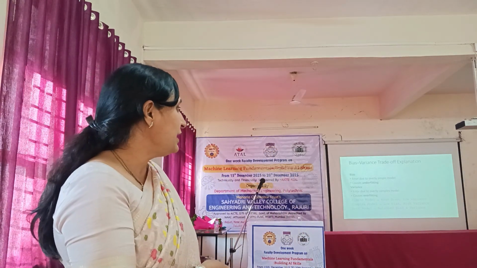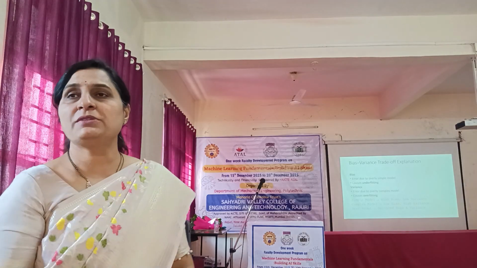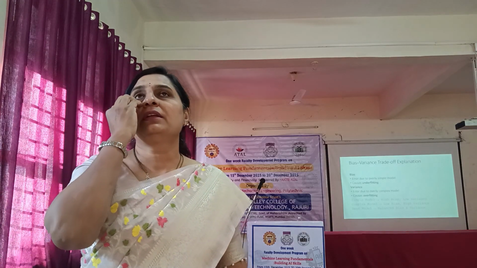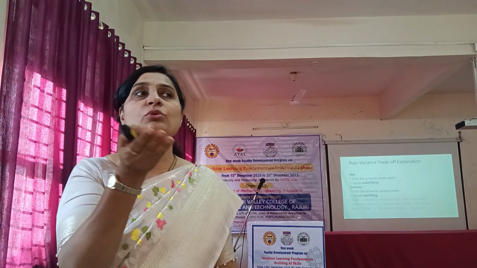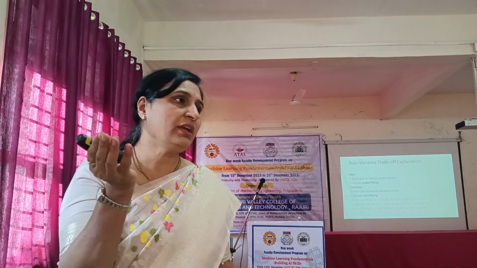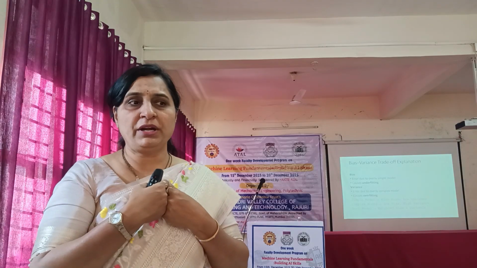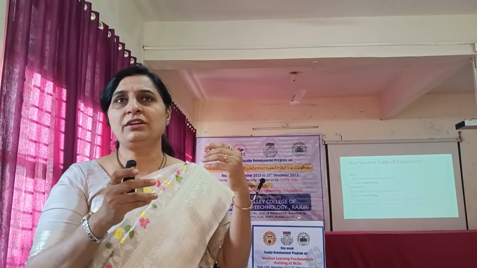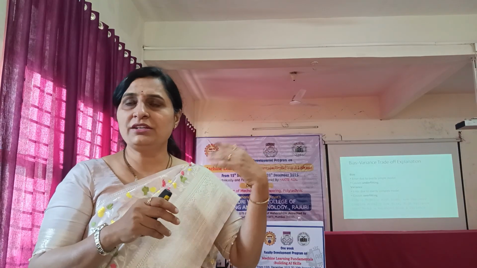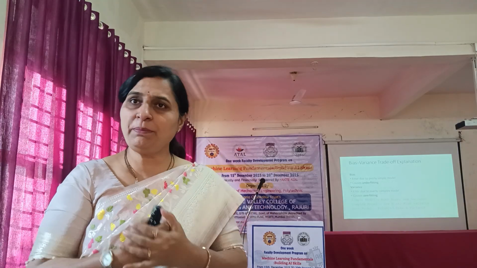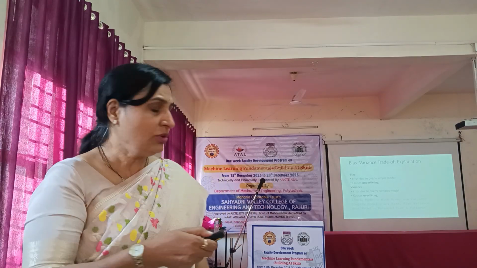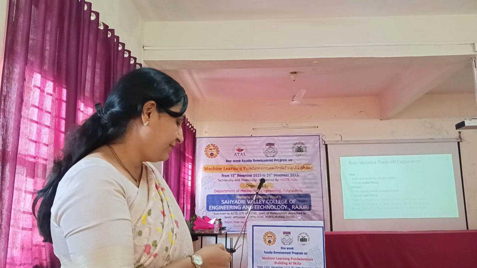Variance means error due to an overly complex model. For example, nowadays there is the Dhurandhar movie going on. Just by watching the trailer, if my prediction is that it's a very bad movie, it's too lengthy and there is too much fighting, this is called variance.